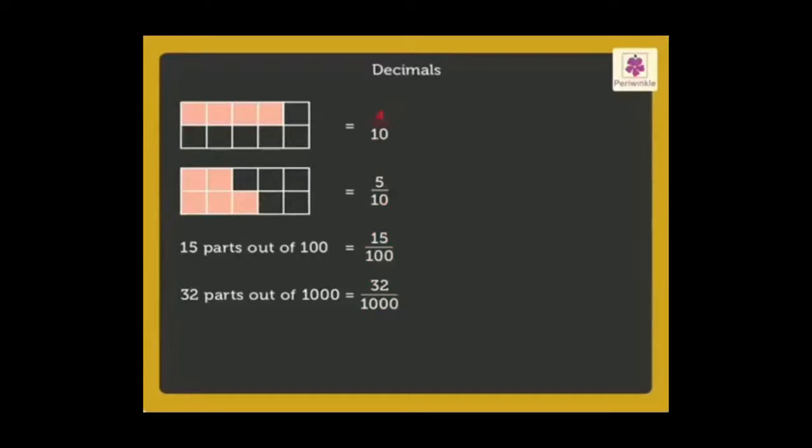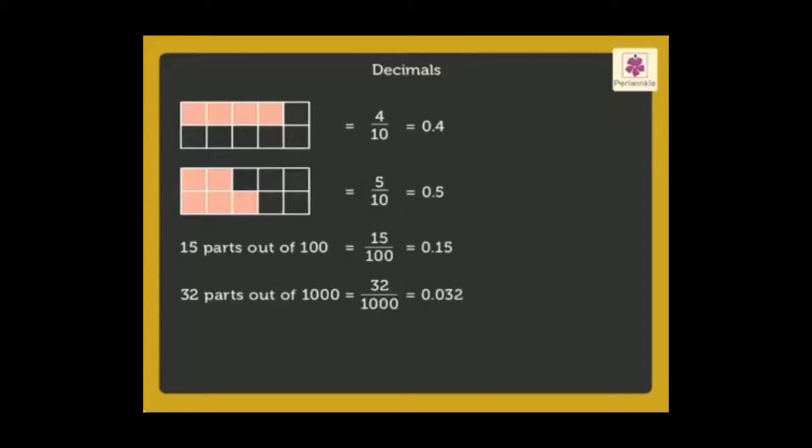Kids, these decimal fractions can be represented in another form. Here, 4 upon 10 is represented as 0, then a point, and then 4, and is read as 0.4. Similarly, 5/10 is represented as 0, then a point, and then 5, read as 0.5. 15 hundredths is written and read as 0.15. 32 thousandths is represented as 0, then a point, then a 0, then 3, and lastly 2.